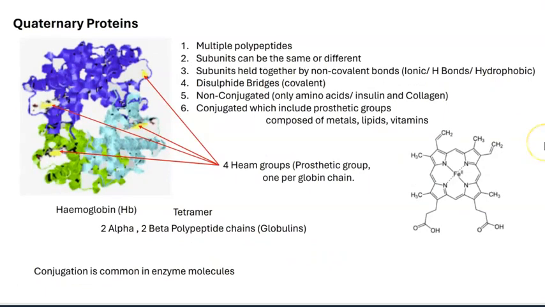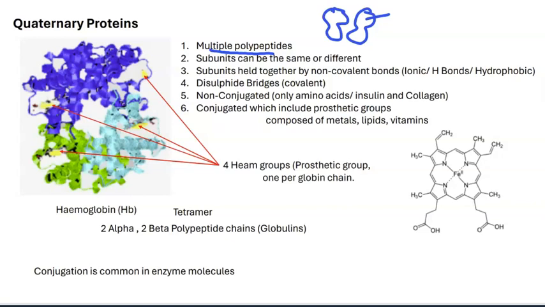quite commonly, that we have multiple polypeptides. So this would mean that we would have a tertiary structure coming up and combining with another tertiary structure, possibly 2, possibly 3, possibly more, often referred to as subunits, each one being a polypeptide chain, each one having a tertiary structure.